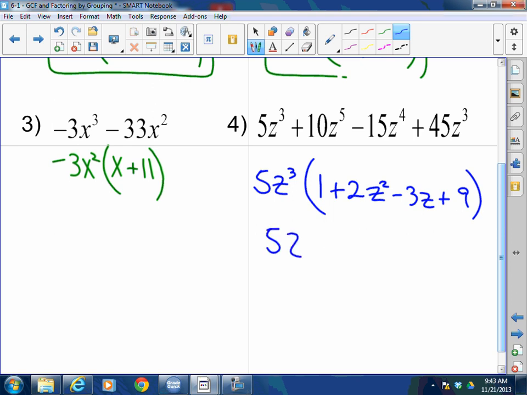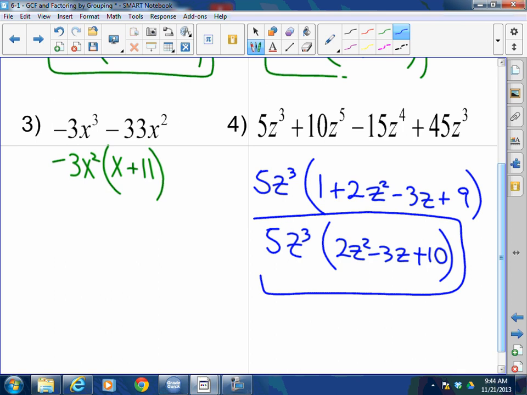I got 5z cubed, and then, yeah, that ain't going to work. It's going to be 2z squared minus 3z plus 10. So when I factored out the GCF, I was able to make a trinomial, and now I don't have to do grouping. Yeah, I got a trinomial there.